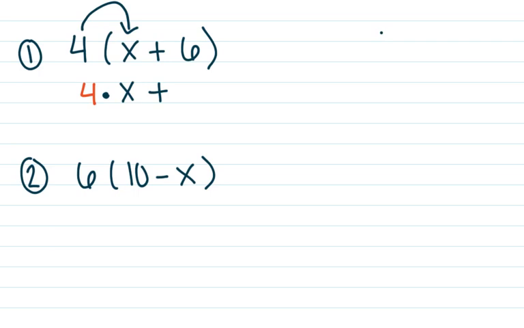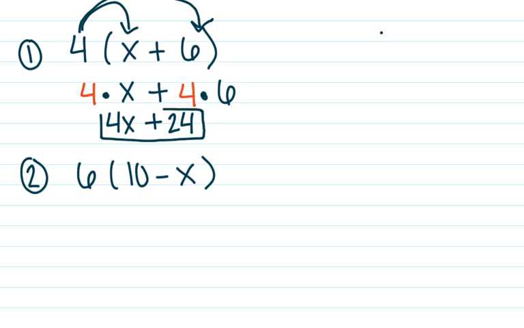And then I also am giving the 4 to the 6, so I am multiplying 4 times the 6. Now we can simplify that. We know how to multiply those numbers together. So 4 times x is 4x, and 4 times 6 is 24. So our simplified expression is going to be 4x plus 24.